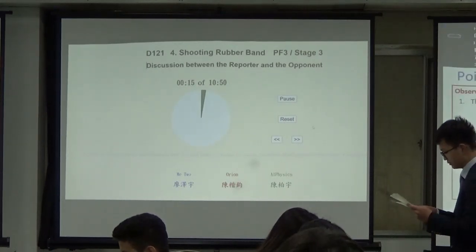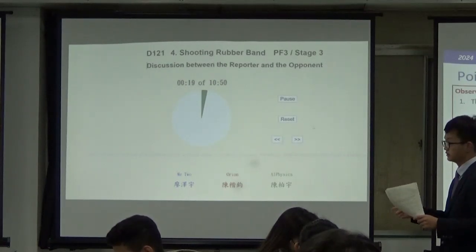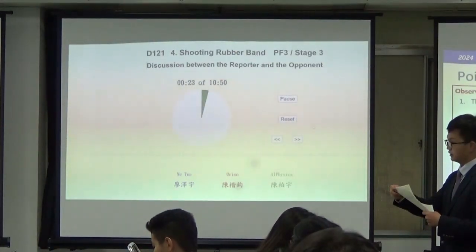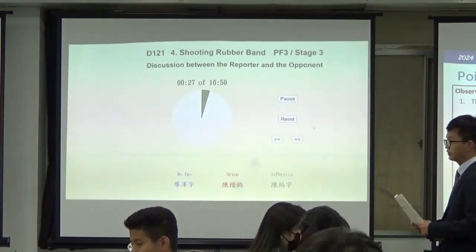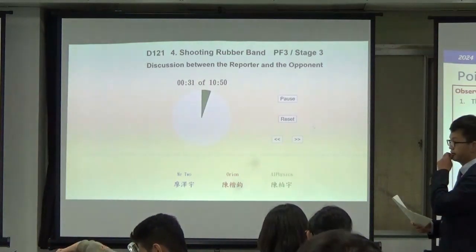What do you think is the most important parameter in this problem? You mean how to maximize the rubber band distance? I think it's the ratio between the more stretched one and the less stretched one.